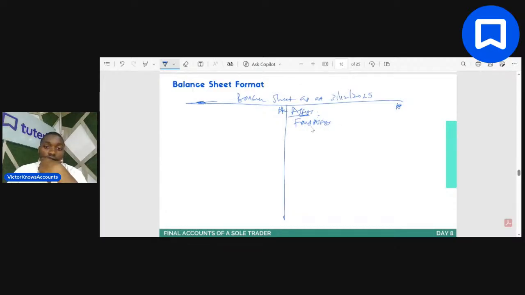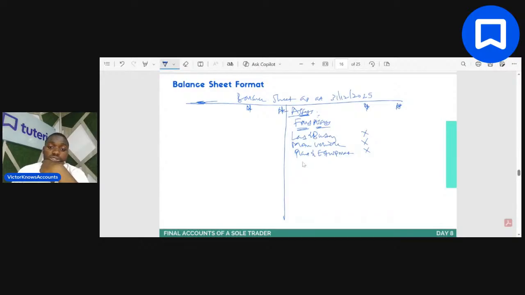assets. All right. Now your fixed assets, we have land and building. You have motor vehicle, you have plant and equipment.